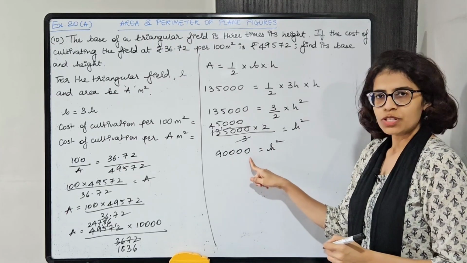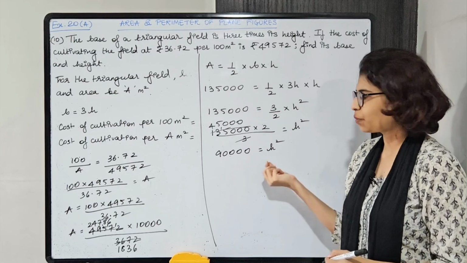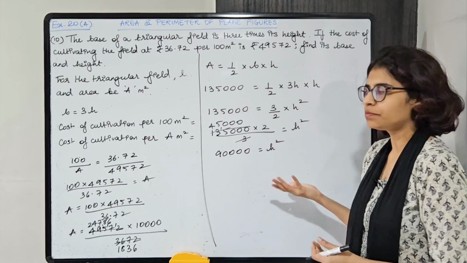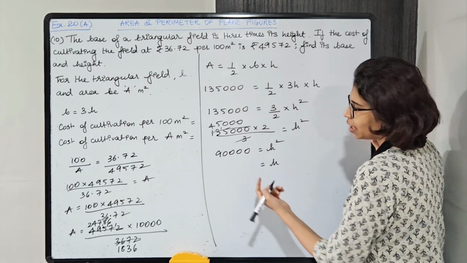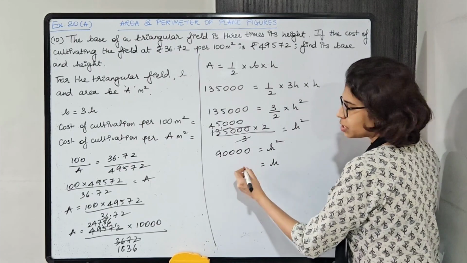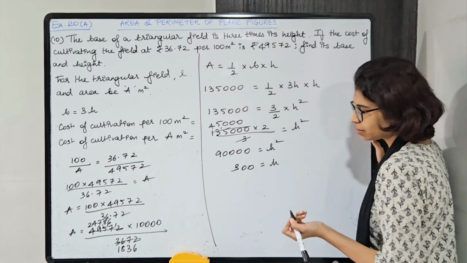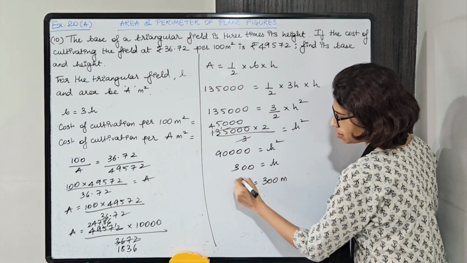Even number of zeros है, 4 zeros है, आधा हो जाएगा when you take square root. Okay, square root लेंगे because h square मिल रहा है, तो h find out करना है. So taking square root on both the sides, h square becomes h, and यहाँ पे 4 zeros है, 2 zeros हो जाएगा, and 9 का square root 3. Okay, so switch the sides. h is equal to 300 meters.